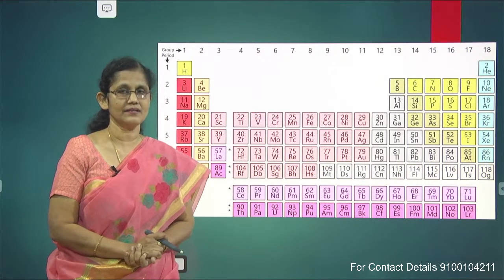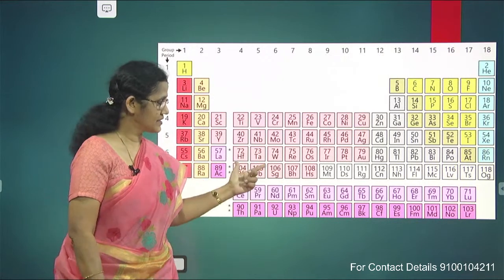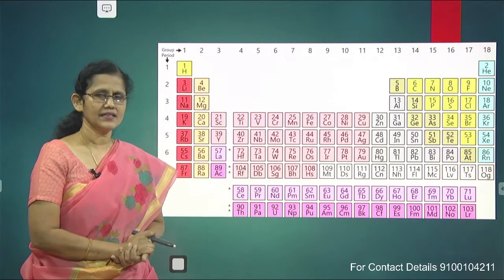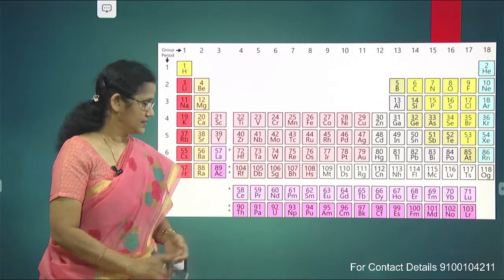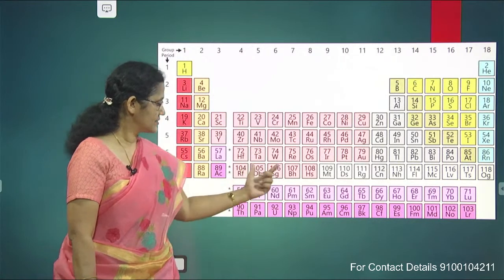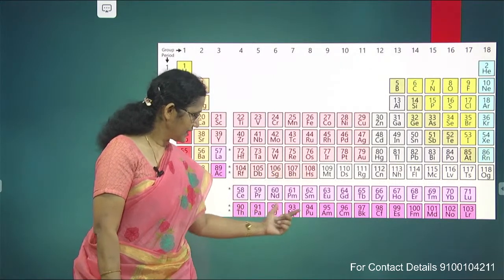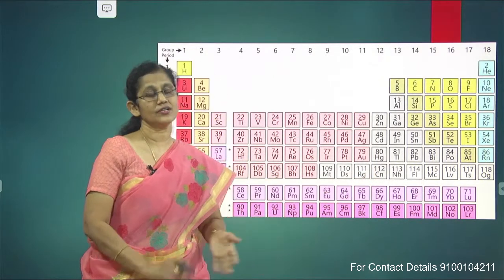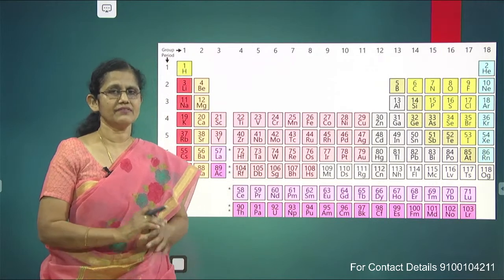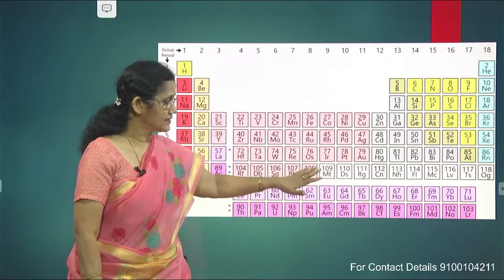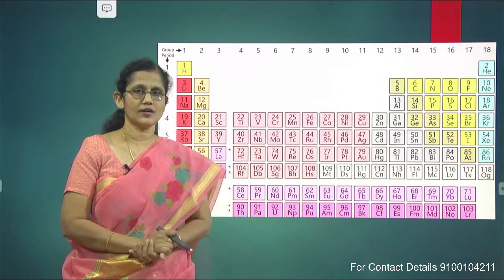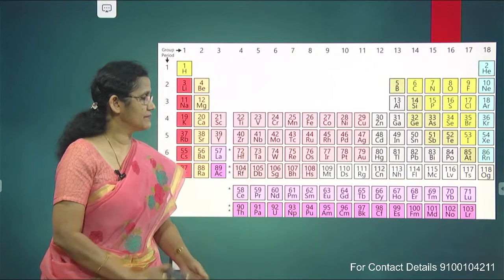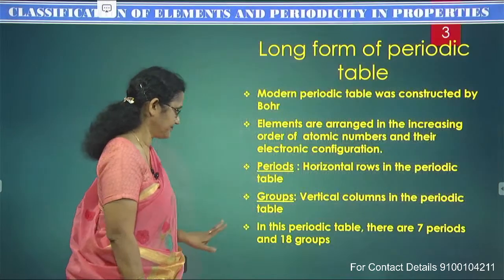Coming to the seventh period, it is an incomplete period. It has 2 elements in S block, 10 in D block, 14 in F block, and the P block elements are not officially published. It can accommodate 32 elements, but it is almost incomplete. So this is about classification of elements into periods.